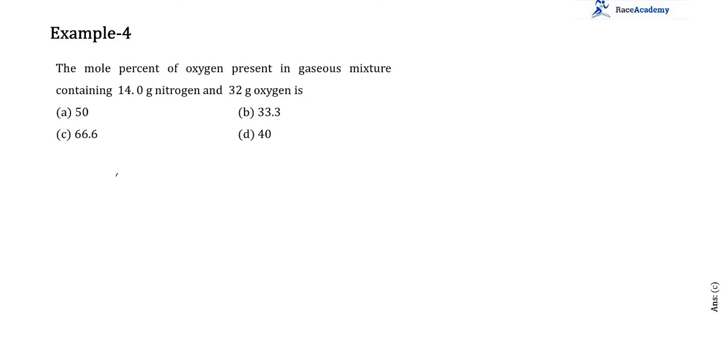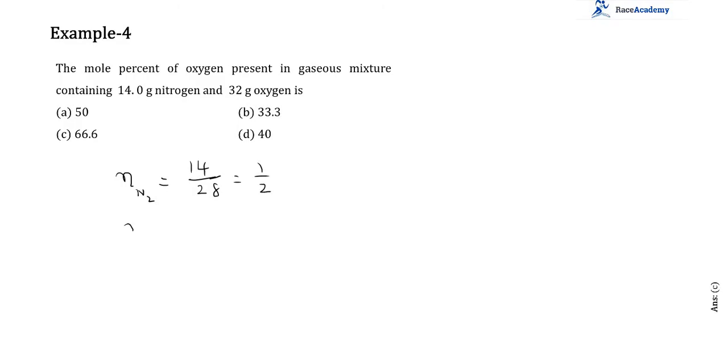Let us see question number 4. What is the mole percent of oxygen present in a gaseous mixture containing 14 grams of nitrogen and 32 grams of oxygen? They have given the mass of nitrogen, so find the number of moles of nitrogen: 14 by 28, which is 1 by 2.